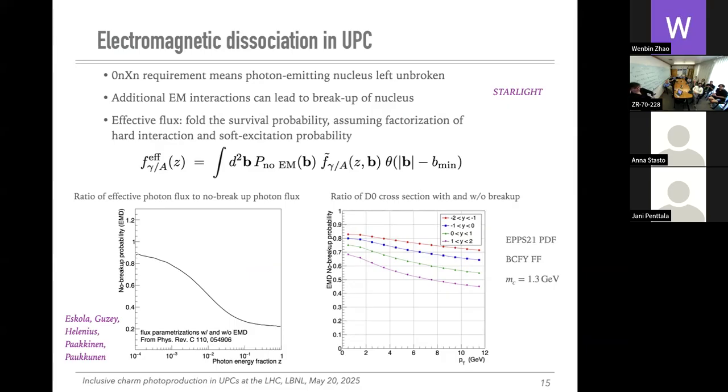Now, what we did was, in principle, I could take this flux and run through all the calculations. I would say for historical reasons and the evolution of our understanding, what we actually do is the bin by bin correction after. So I do the calculation with one set of parameters. I calculate this ratio for the D0 in PT and Y, and I do the correction.